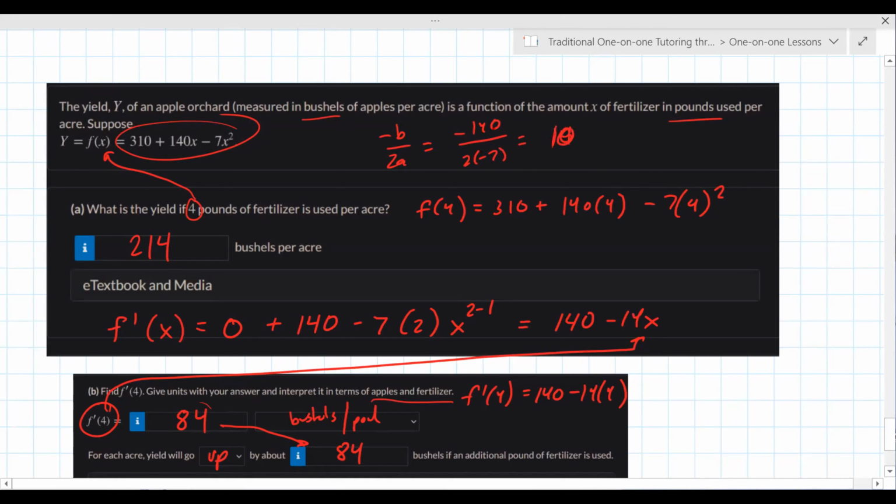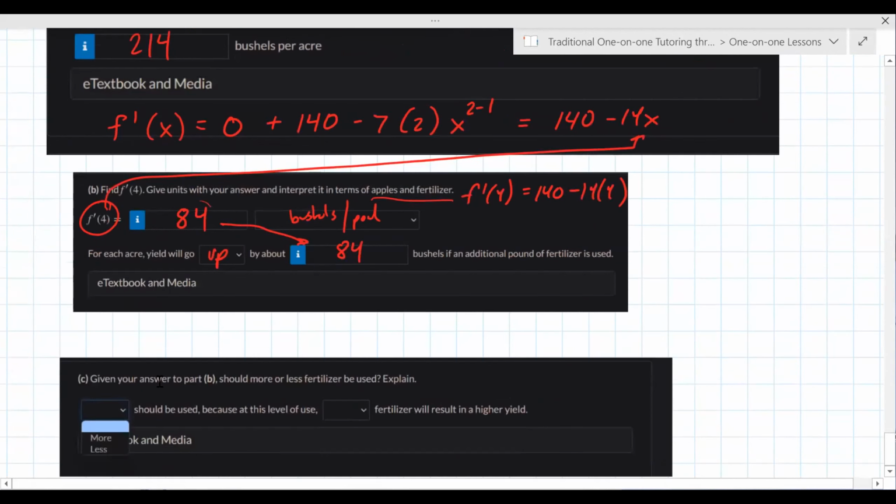Is that 10? Yeah, 10. So you're only using 4, and you really want to go up to 10. So I guess more, because the yield will go up. All right, I just tried it out. It's more and more for both of them.